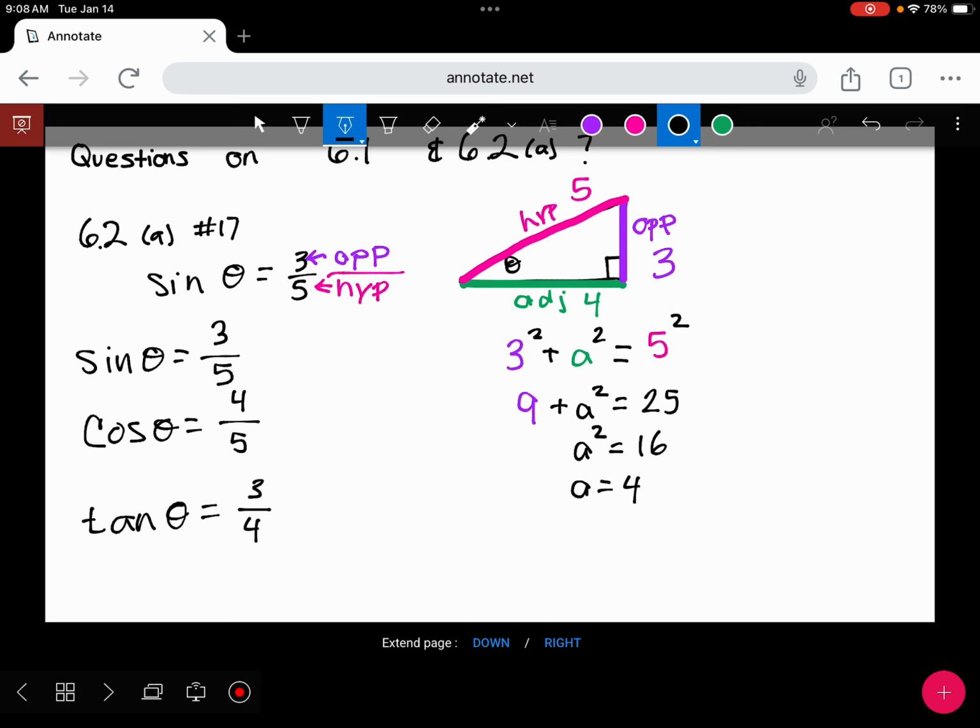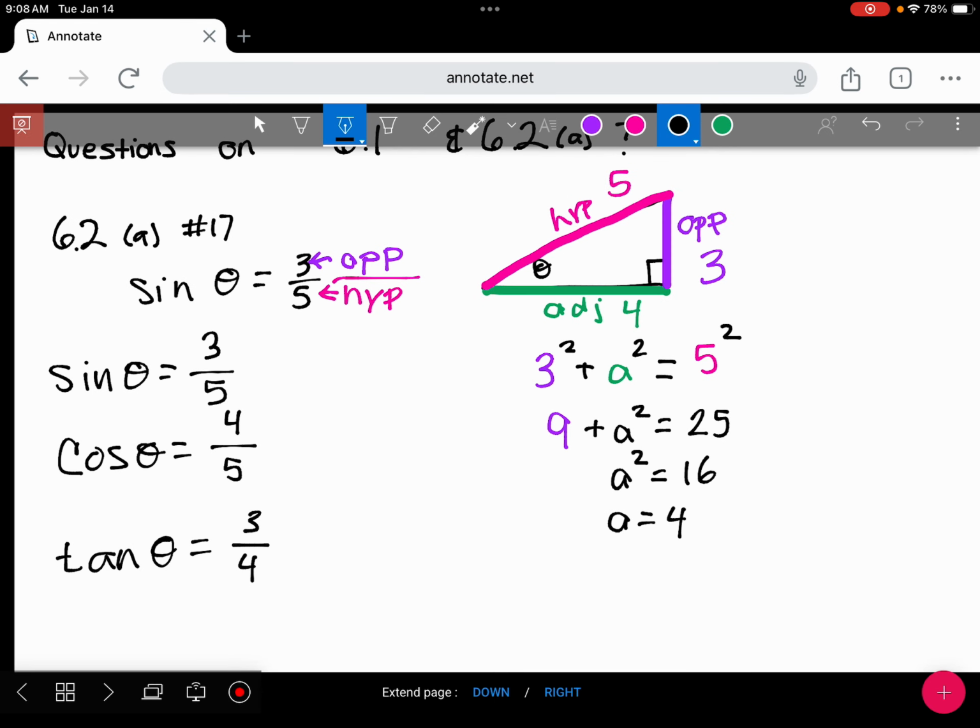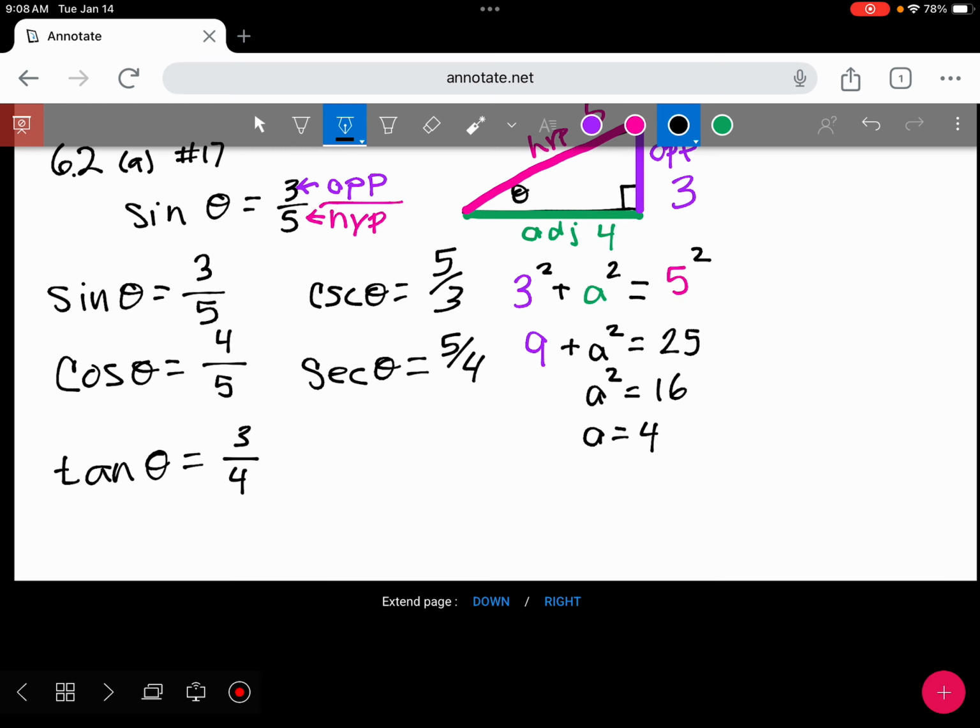Then we'll do our reciprocal pieces. So sine goes with cosecant. So what is cosecant? 5/3. They're reciprocals of each other. Let's flip them. So secant is what? 5/4.